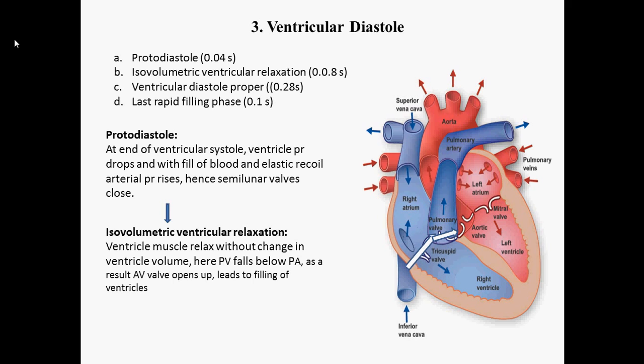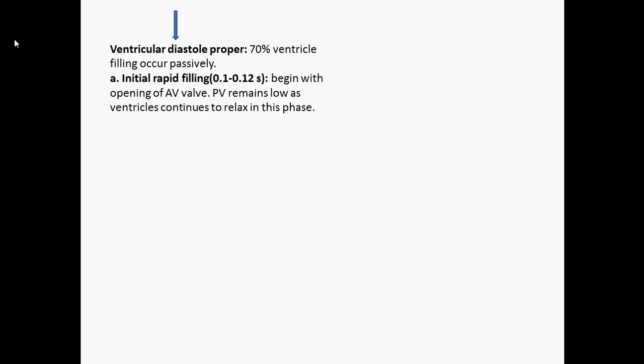See, clear? So you can see the closed atrioventricular valve followed by opening of the atrioventricular valve and the rush of blood from the atria to the ventricles with the effect of gravity. Just so passively, there is no contraction happening anywhere.